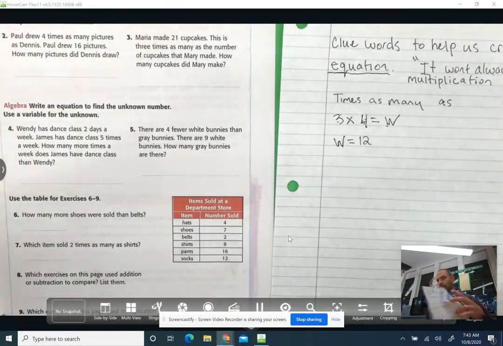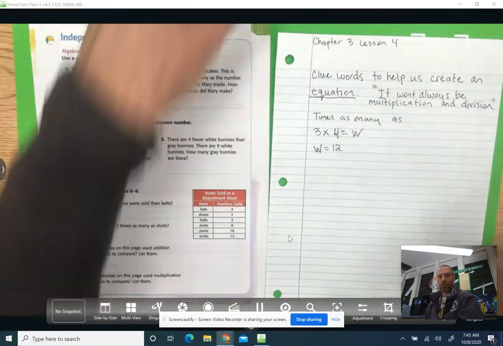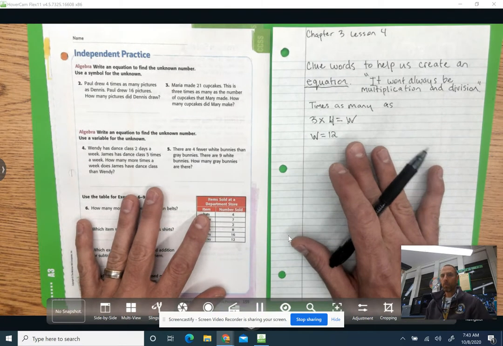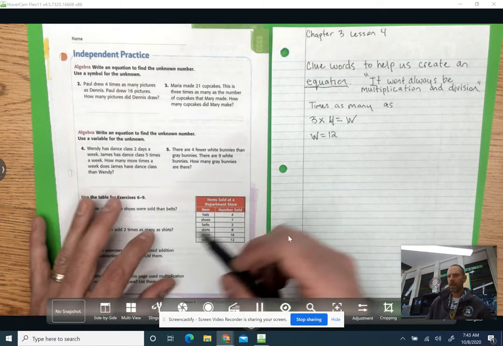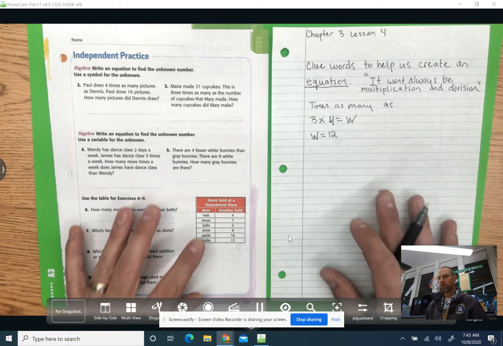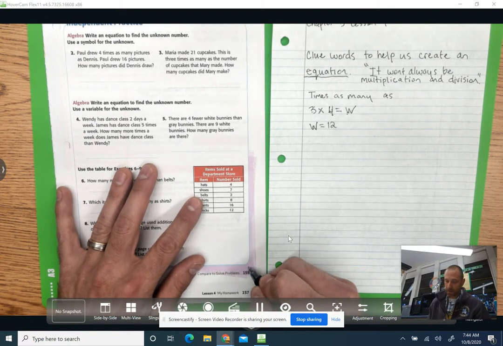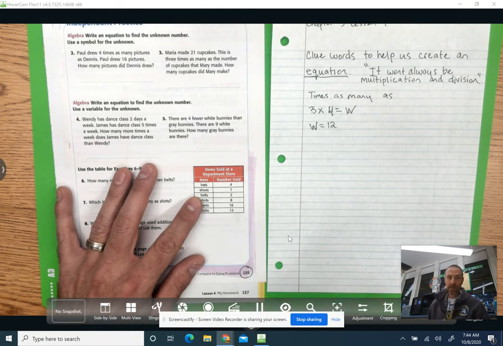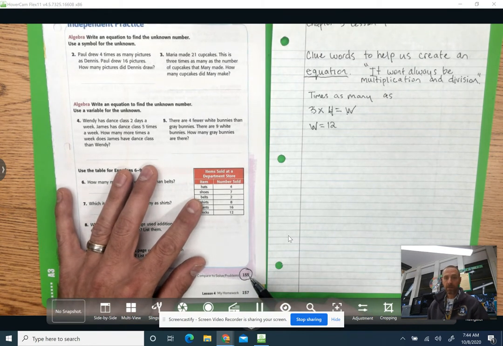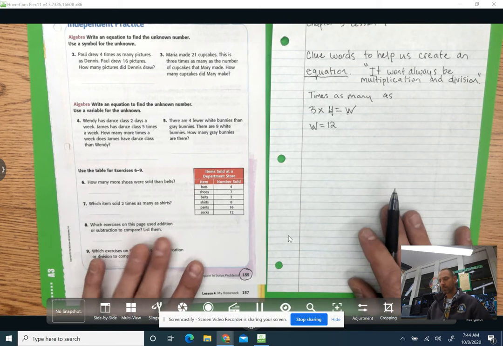So kiddos, this is your tutorial time. Remember the strategies. I'm going to be circling the problems that you need to do. You're going to need page 155 to use this tutorial.